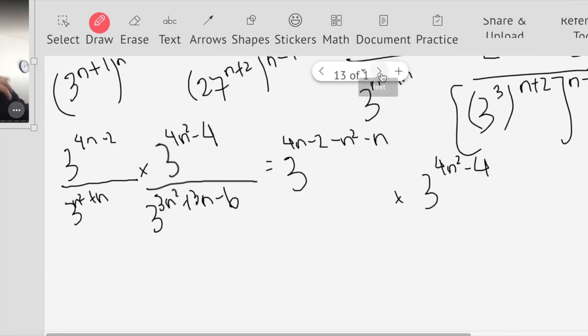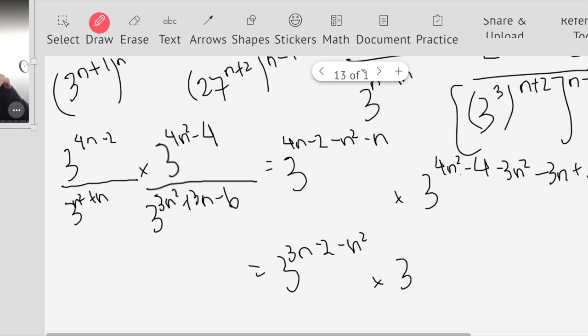I hope I didn't. Let's see. 4n squared minus 4 minus 3n squared minus 3n plus 6. So this is 4n minus n is 3n, minus 2 minus n squared, times 3 to the 4n squared minus 3n squared is n squared, right? And then we get negative 4 and 6 is 2, right?